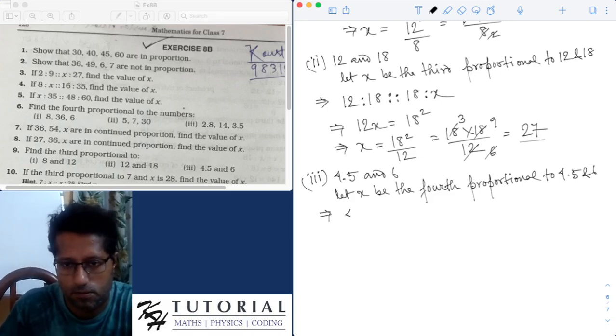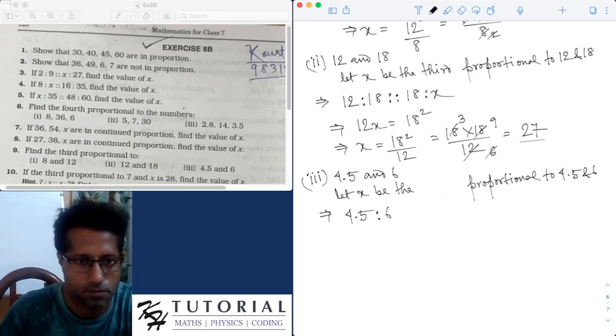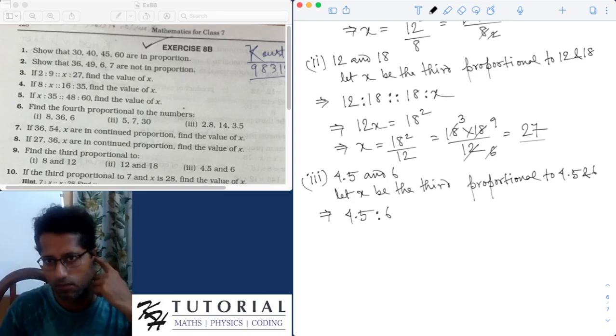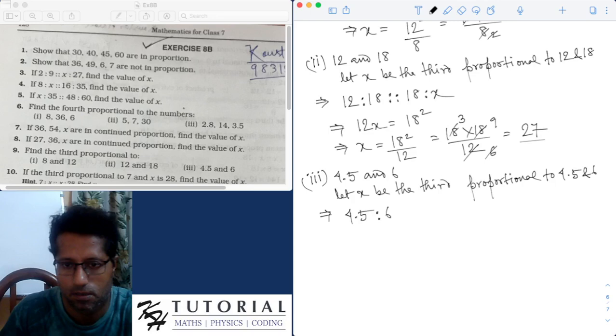This implies 4.5 is to 6, sorry, third proportional. It is asked to find the third proportional, so it is about continued proportion. So let x be the third proportional to 4.5 and 6. So this implies 4.5 is to 6 is equal to 6 is to x.